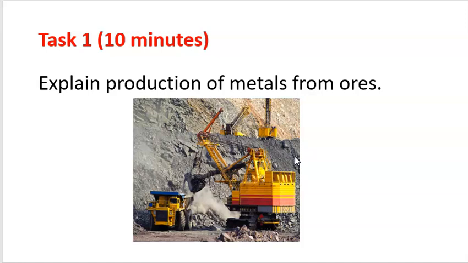Non-ferrous metals do not contain iron, so they are not magnetic and they cannot rust, but their color can change, and as a term we call that corrosion. So we are going to deal with it later.